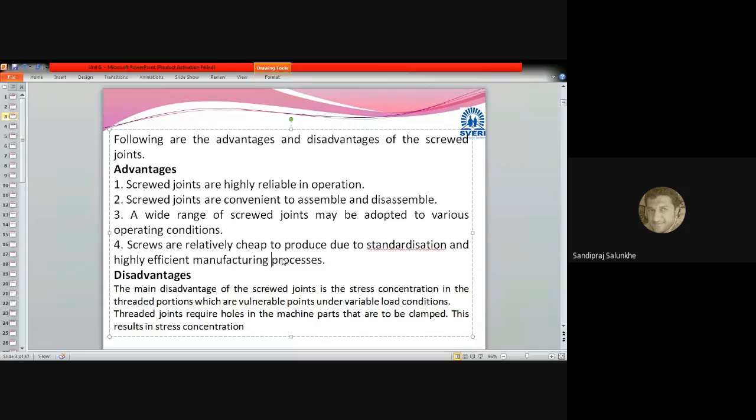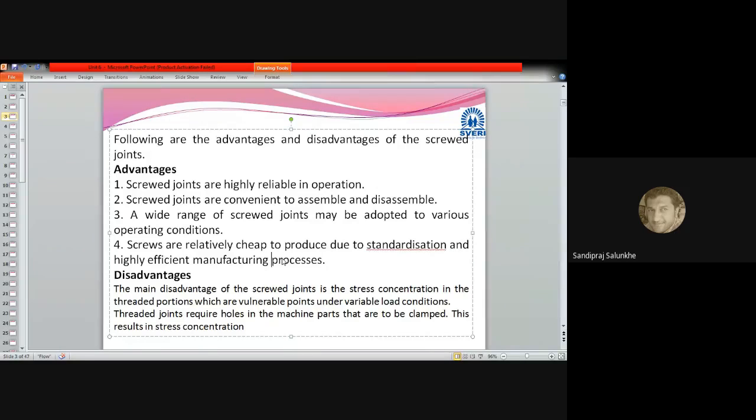That means the diameter of the bolt, whether major, minor, or mean diameter. These are the different parts that we are going to see in the next slide. But that diameter has to be checked, whether it is going to sustain the externally applied load. And in some cases you have to calculate that diameter.